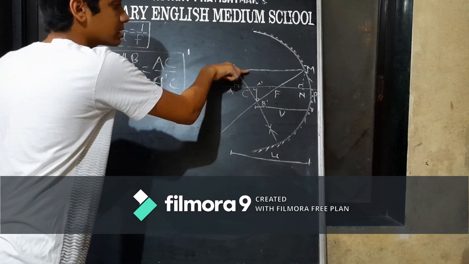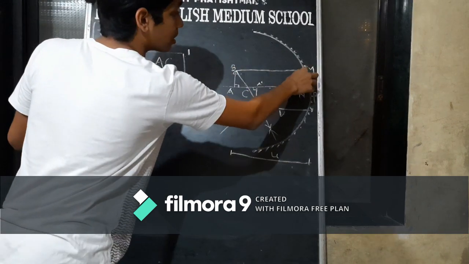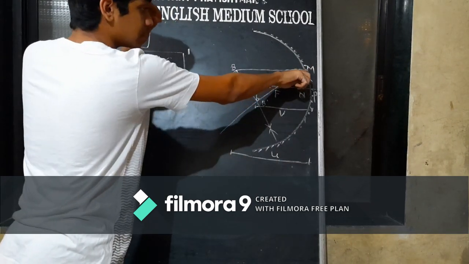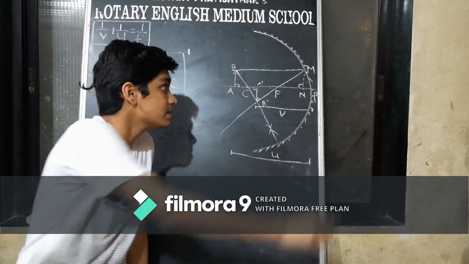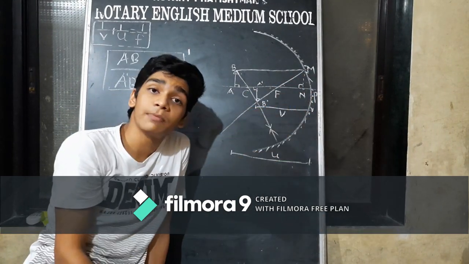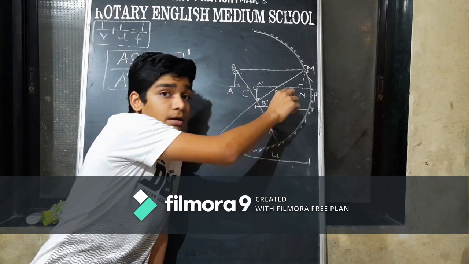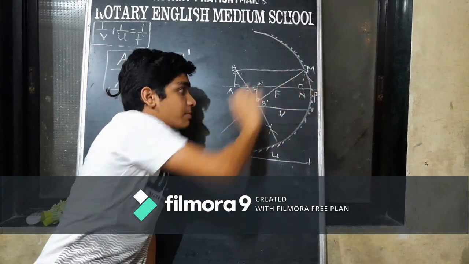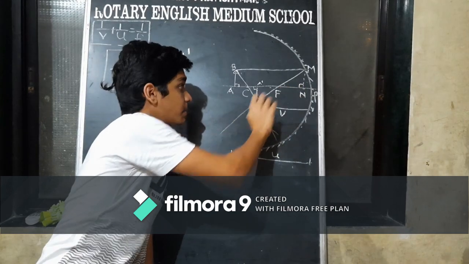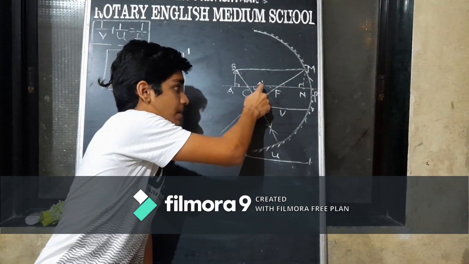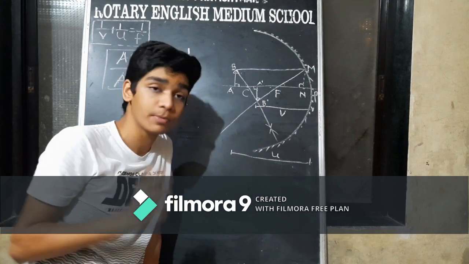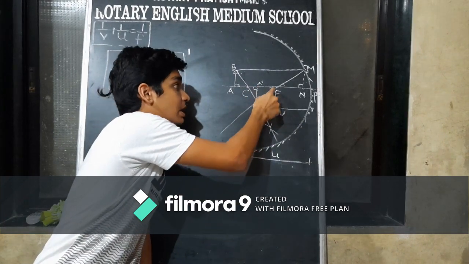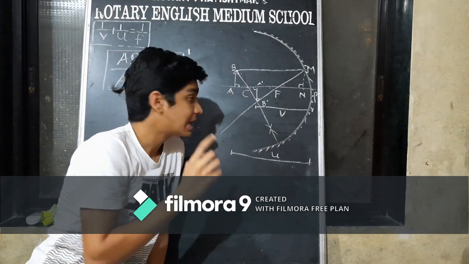Now let us take the ray parallel to the principal axis, and this is the point of incidence. You can see M is the point of incidence. Let's take a perpendicular to the principal axis, and N is the point where the perpendicular meets the principal axis. The image is lying below the principal axis, perpendicularly, and these both are vertically opposite angles.